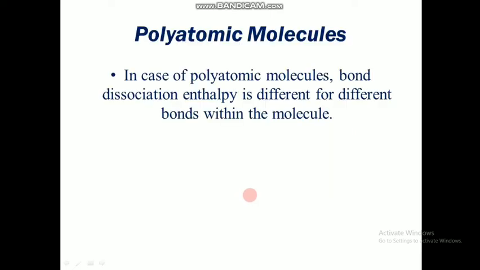All those will have different bond dissociation enthalpies. So we can't tell one of them to be the bond dissociation enthalpy of this particular molecule. So as it is a polyatomic molecule, we have a different set of findings. In case of polyatomic molecules, bond dissociation enthalpy is different for different bonds within the molecule.